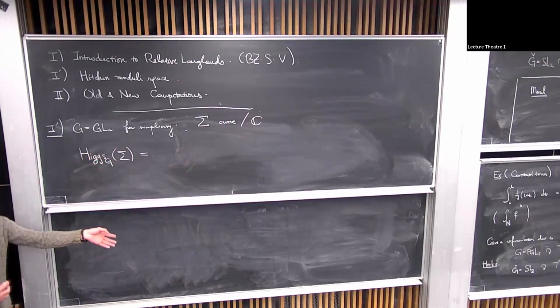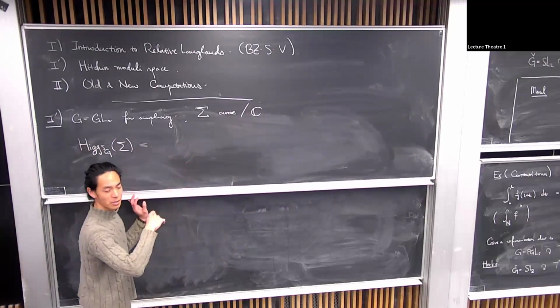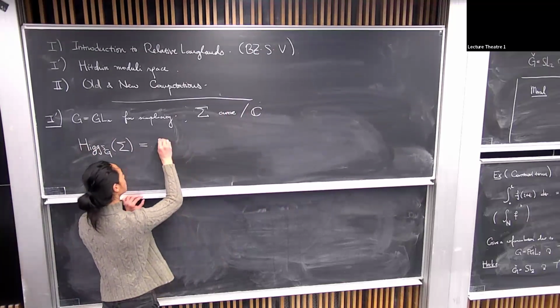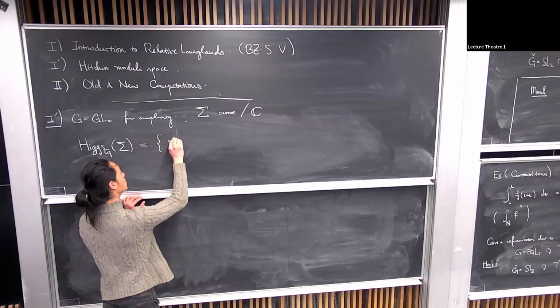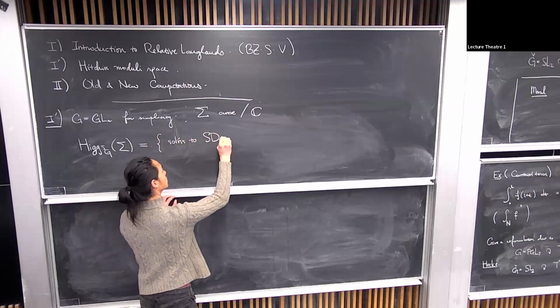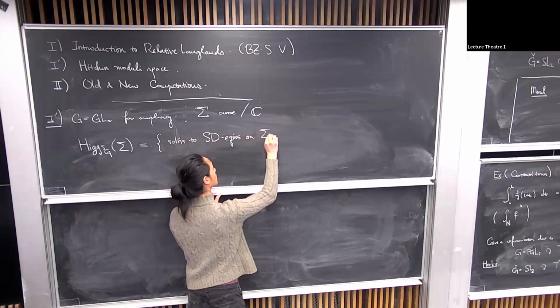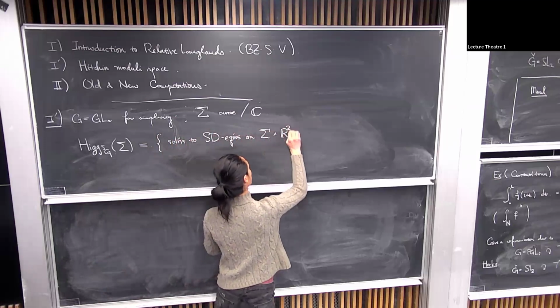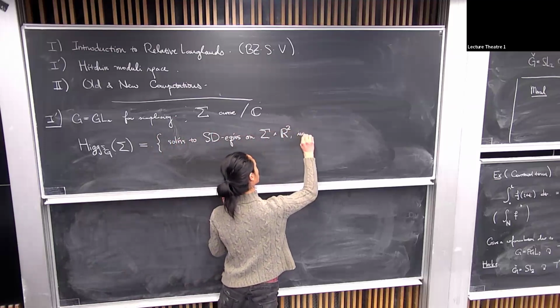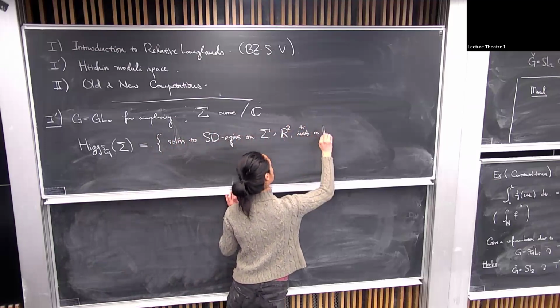So I'll write 3 of them. And so hopefully one of them is something that you like. So the first one is due to the original work of Hitchin. You can think of it as solutions to self-duality equations on sigma times R2 that are translation invariant in the R2 direction.